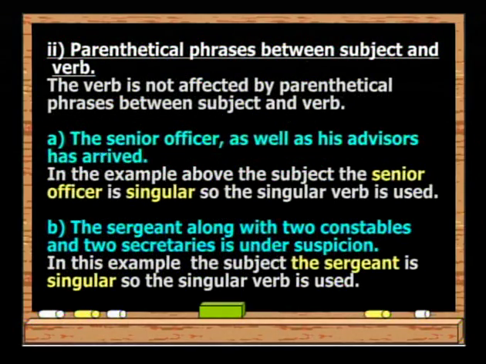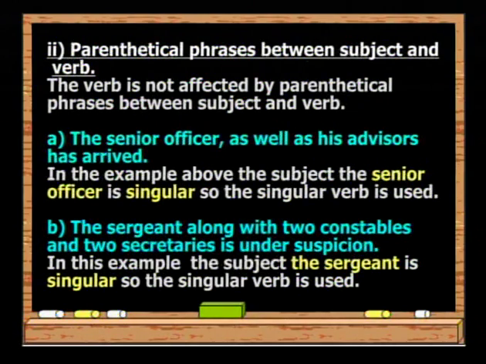Parenthetical phrases between subject and verb. The verb is not affected by the parenthetical phrases between subject and verb. The senior officer, as well as his advisors, has arrived. In the example above, the subject, the senior officer, is singular, so the singular verb is used.